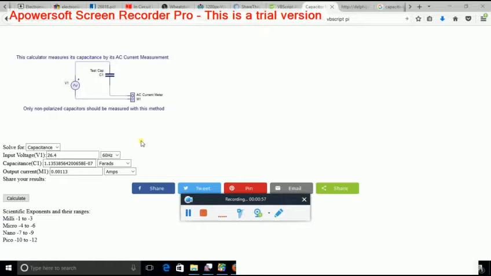Like, see, what we entered was 1.13 milliamps, and it put it here at 0.00113 amps.